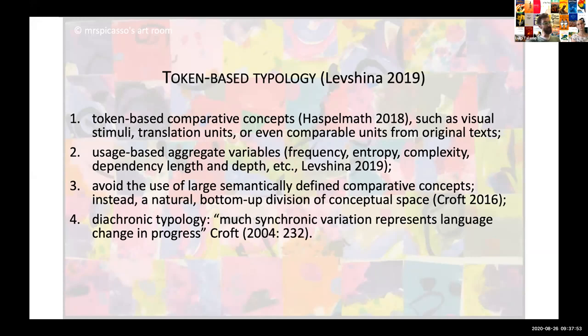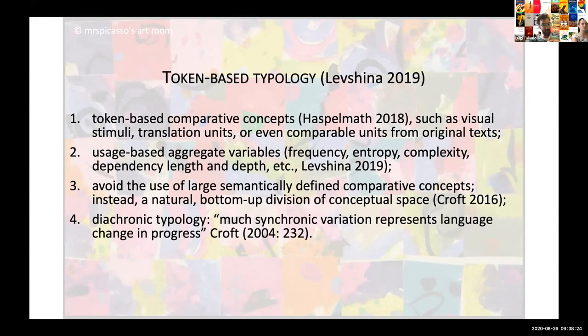Using a token-based approach, we avoid altogether the use of large semantically defined comparative concepts, point 3. For instance, we no longer define adjective using semantic subclasses of property concepts such as age, dimension, color, value, etc. What we get instead by using token-based typology is a bottom-up dense distribution of token-based comparative concepts within conceptual space.